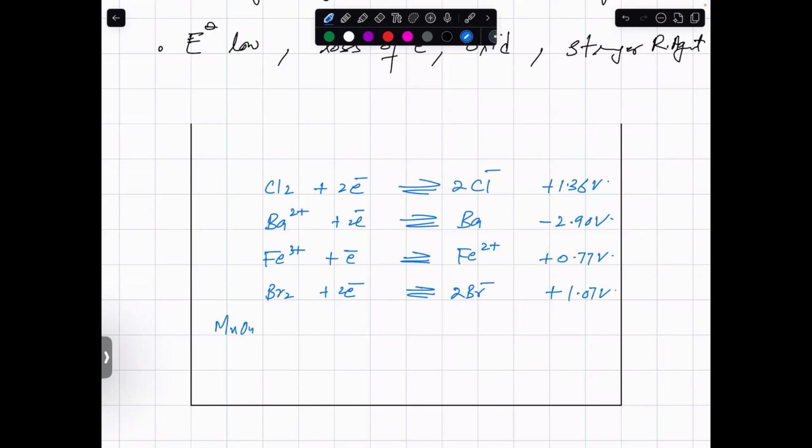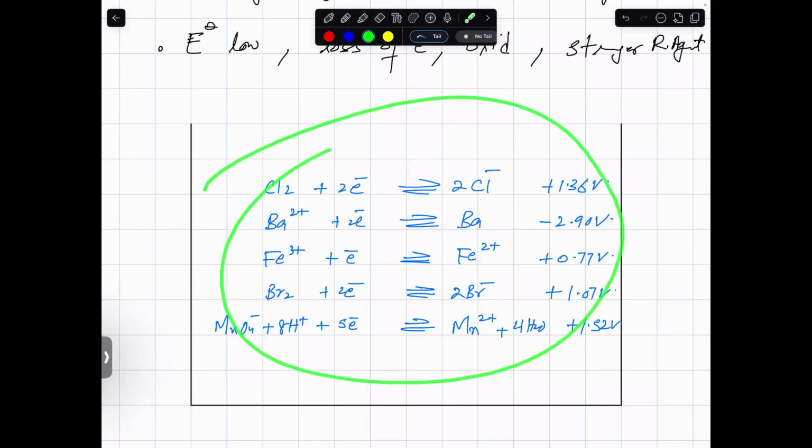MnO4, 8H plus, 5 electrons, Mn2 plus, 4 water, plus 1.52 volt. Suppose they are all in the beaker.